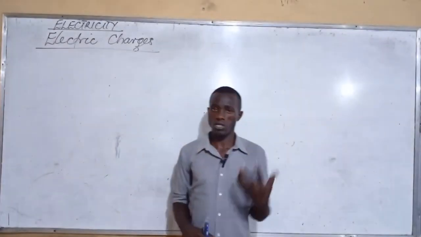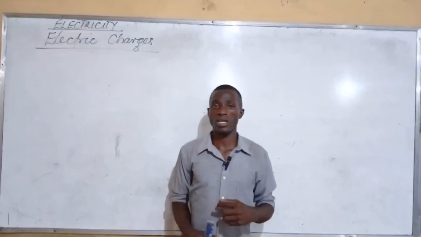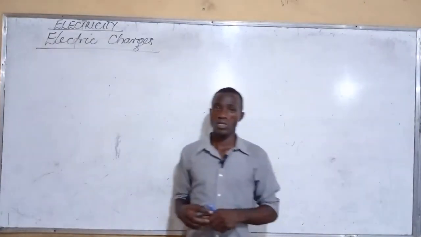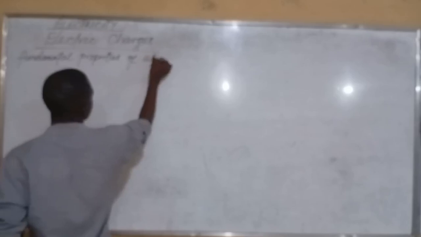Now, what are electric charges? The first thing you should have in mind is that it is the fundamental nature of all atoms. Electrical charges are fundamental properties of atoms.